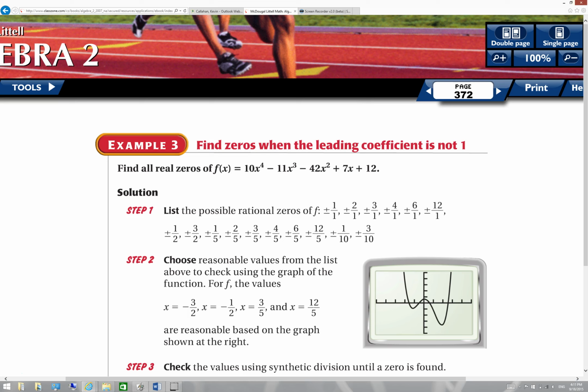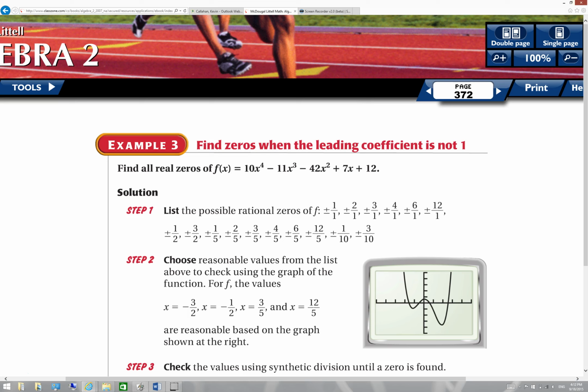All right, now they've used their calculator and they've looked, and you can see there's 1, 2, 3, 4 zeros. Remember that when the graph crosses the x-axis, that means the zeros are real numbers. You don't know if they're rational numbers, but they're definitely real.